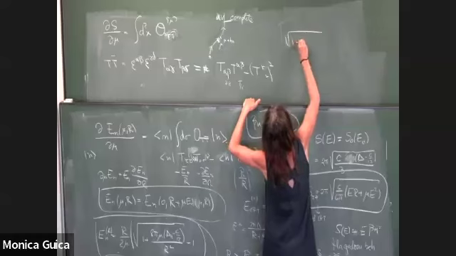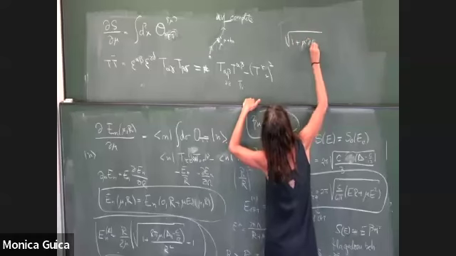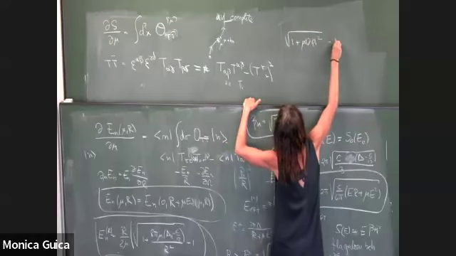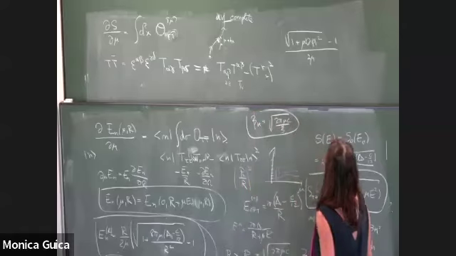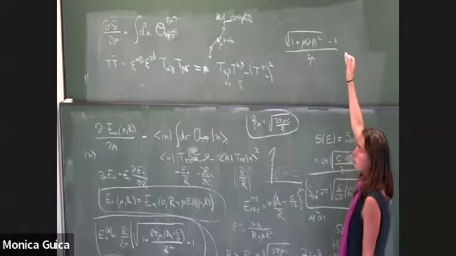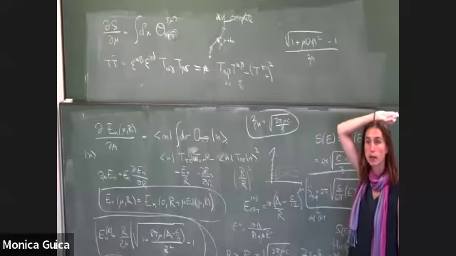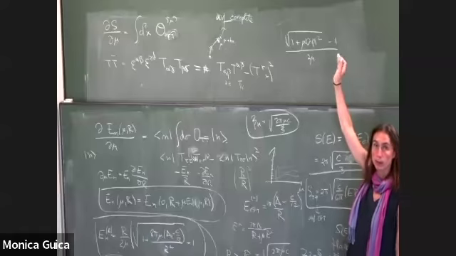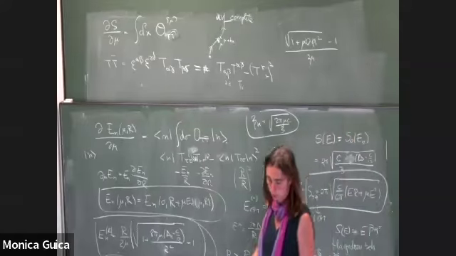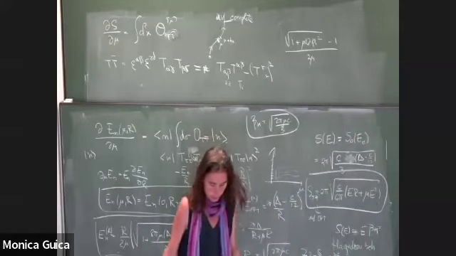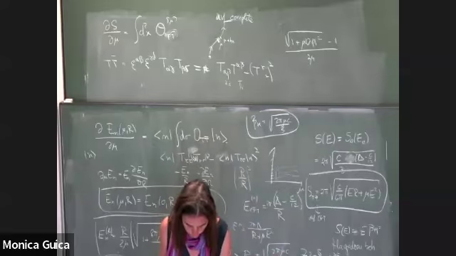The deformed action looks like 1 plus mu d phi squared minus 1 over 2 mu. This is the TTbar deformed free boson, which turns out to be nothing but the action for a string that propagates in 3 target space dimensions in static gauge. So there's a pretty direct relationship to strings. And okay, what I was saying is that you also see it in the entropy.